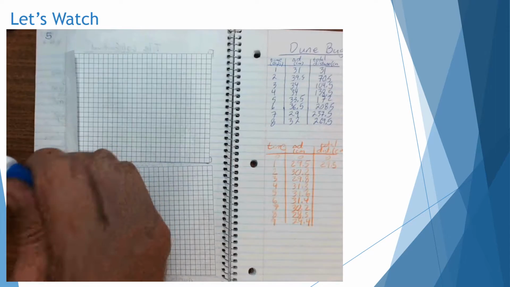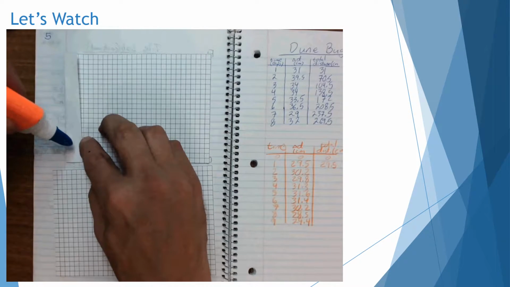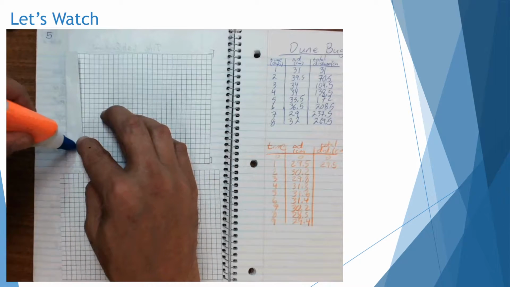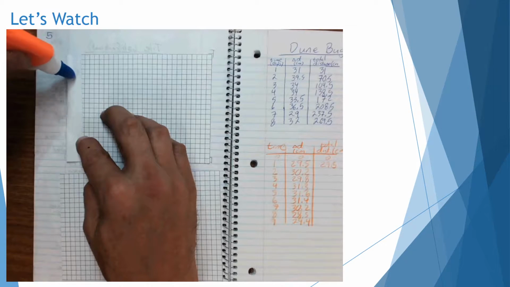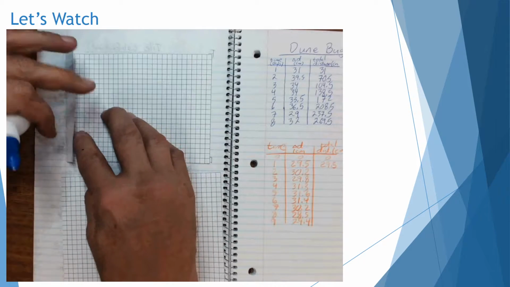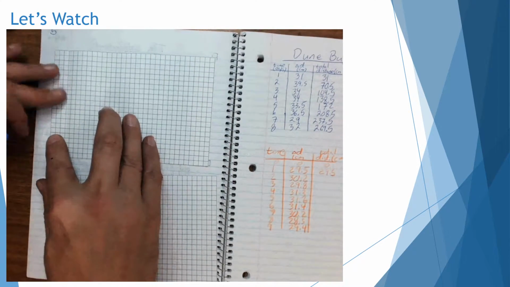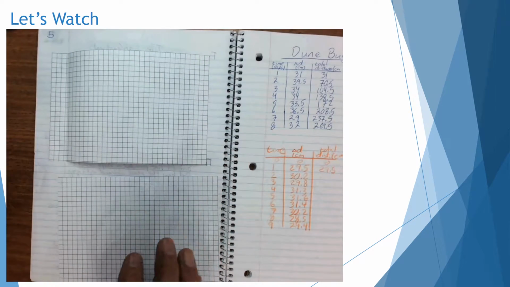If I could get the glue to work. Try again. I'm going to get a little bit of glue right on this edge. I can do dots or just a small thin line, and then I'm going to fold it right back down. So now this will stay there permanently, and I can open and close this very easily.